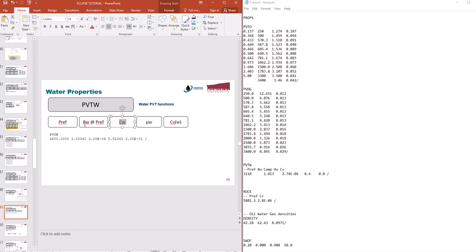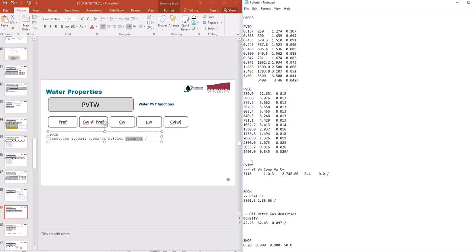It means how this Bw is changing with pressure. And you need the viscosity of water, and to tell Eclipse how this viscosity is changing with pressure. So under the PVTW keyword, you need pressure, Bw, Cw, the viscosity of water, and how viscosity is changing with pressure.